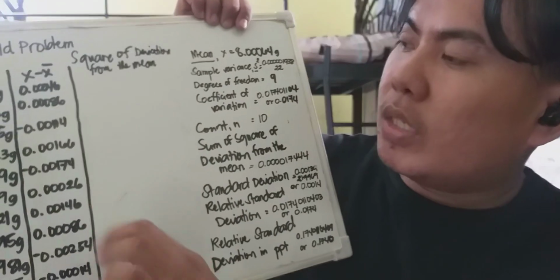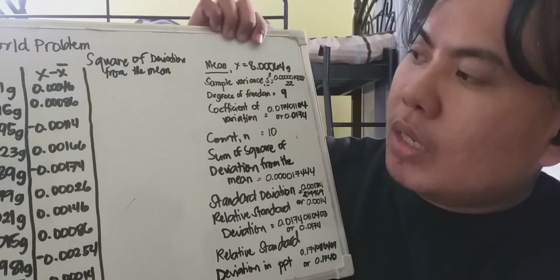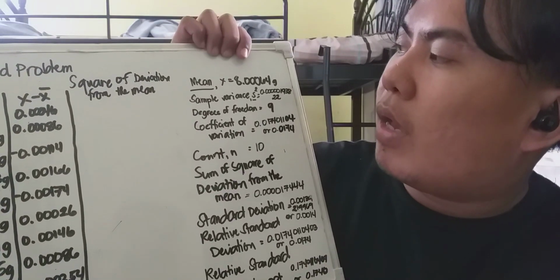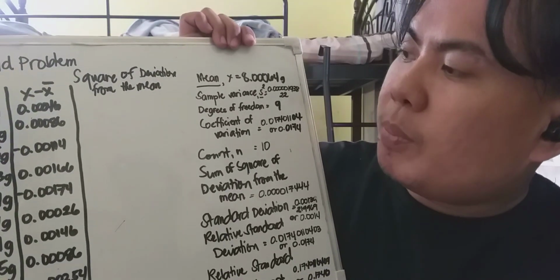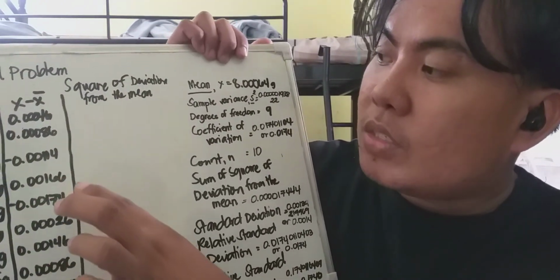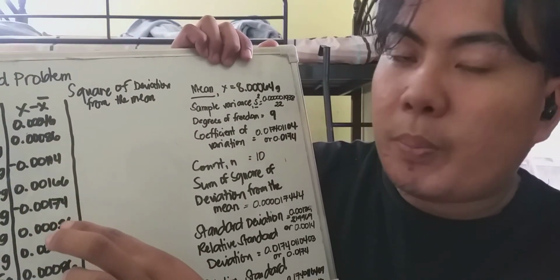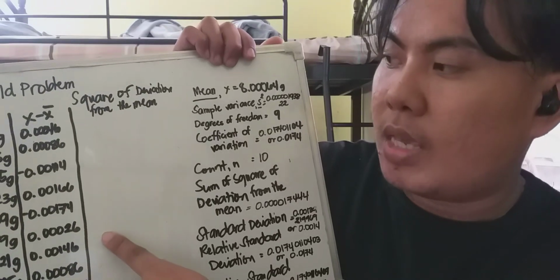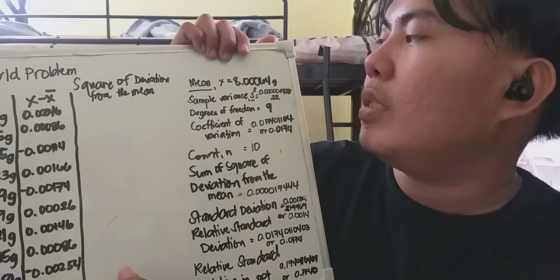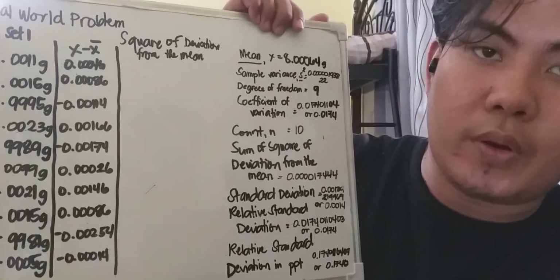In our number 2, we are also subtracting 8.0015 from the mean. So we will be getting 0.0086. The third is 7.9995 minus 8.00064.